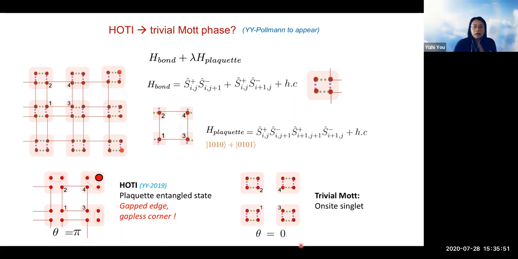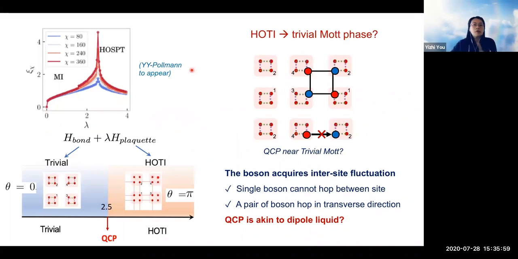Now, what I want to figure out is what happens if we have a tunable parameter lambda, which tunes from 0 to infinity. Under some numerical DMRG simulation implemented by Frank Pollmann and his group members, what we find is there is a continuous phase transition which connects such a higher order topological insulator phase to a trivial phase, and the quantum critical point appears at around lambda equals 2.5.